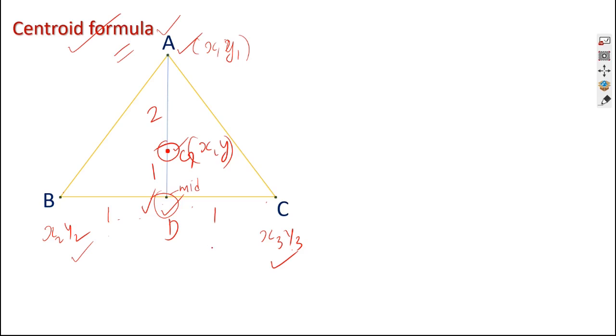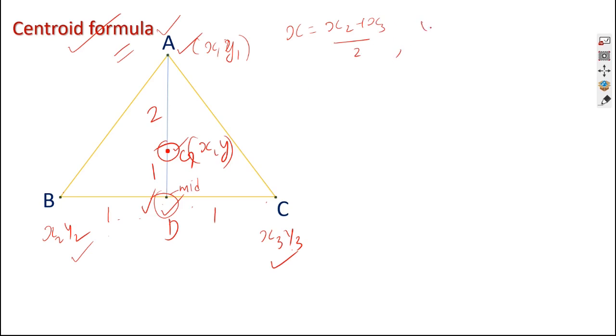To get the point D, to get the x coordinate of D, applying the formula, as the ratio is 1:1, we will simply write (x2 plus x3) upon 2, the midpoint formula.